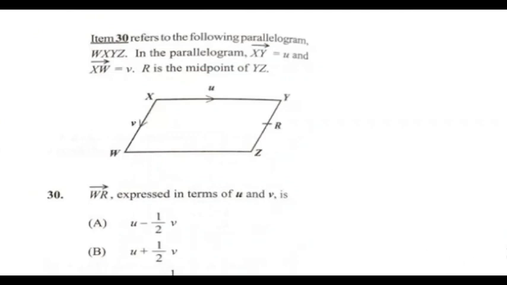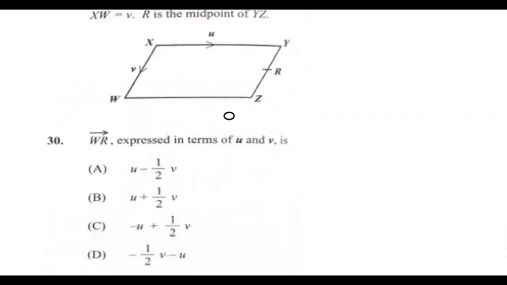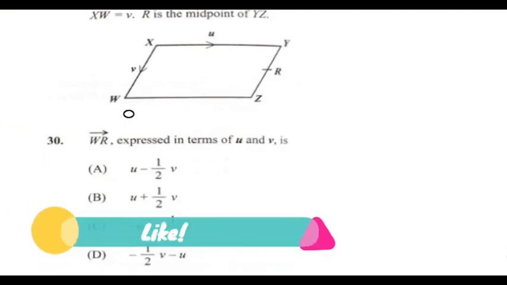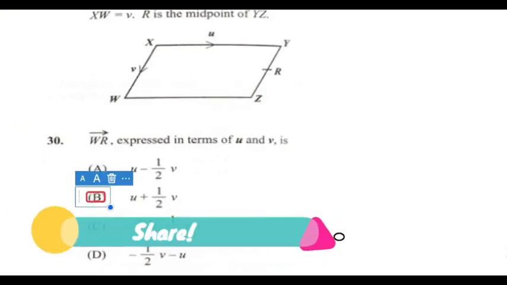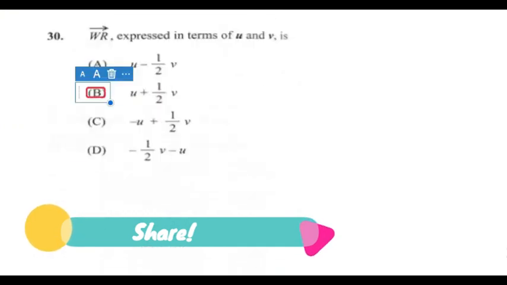WR expressed in terms of U and V is, so we're going for what WR is, from one point to right here, expressed in terms of U and V, so it is this entire side, which is equal to XY, which is U, plus half of what XW is, which is half of YZ, which is V, so it's half of V, and therefore our answer for 30 is B. And we're moving nicely along.